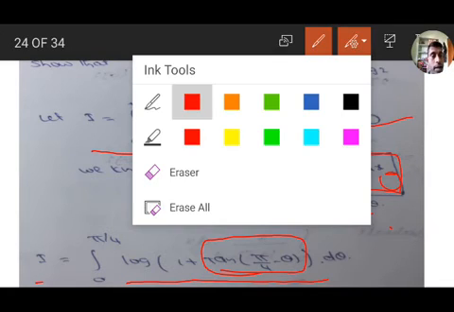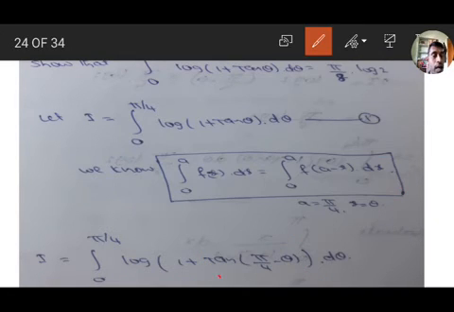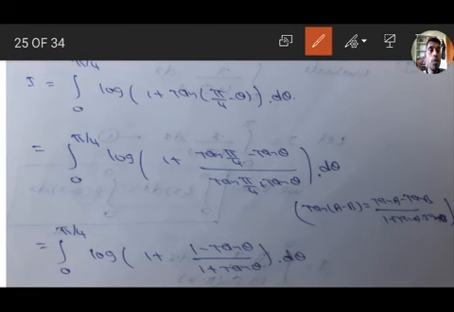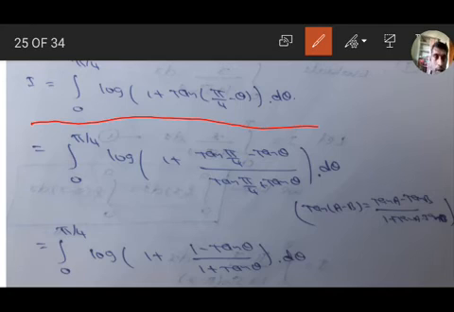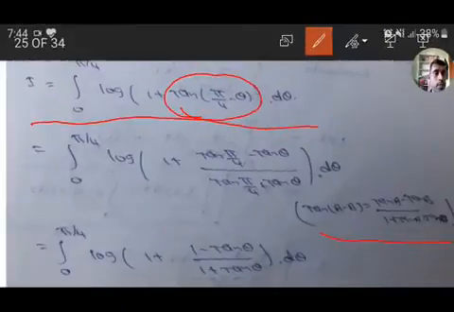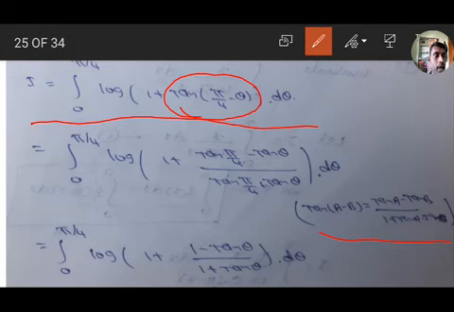On simplification, we use the tan a minus b formula: tan of (a minus b) equals (tan a minus tan b) by (1 plus tan a into tan b).